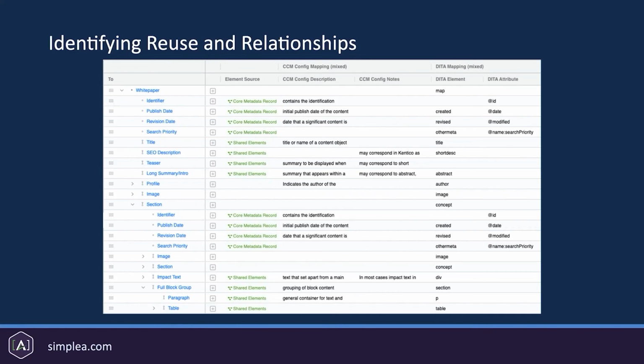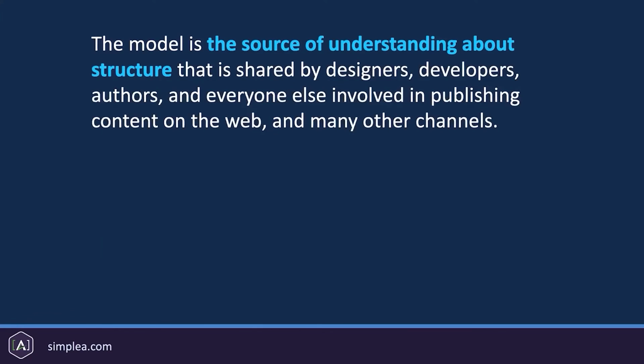It's a key piece of why we want that reuse capability. In the screenshot here, the column of green text identifies the source of a particular element. We can identify whether this is a shared element or otherwise.